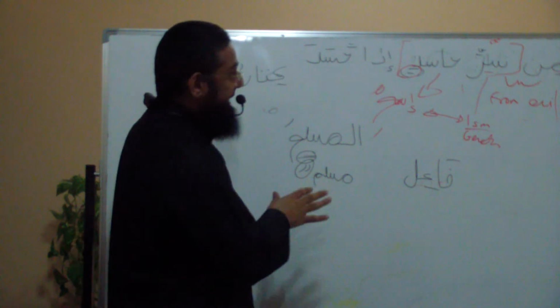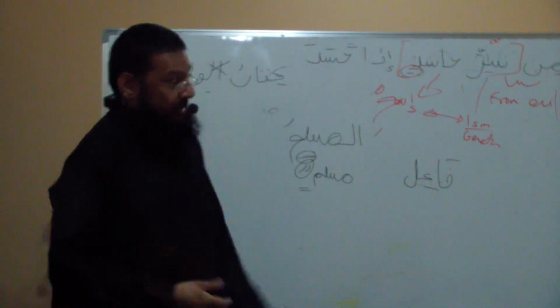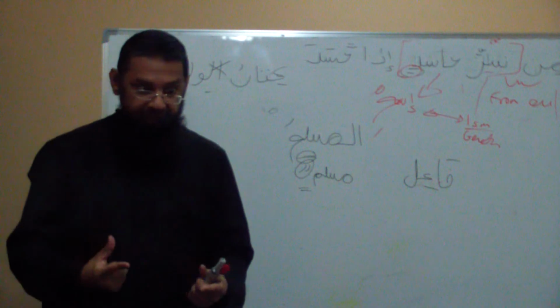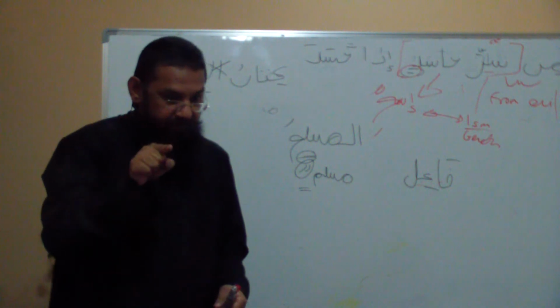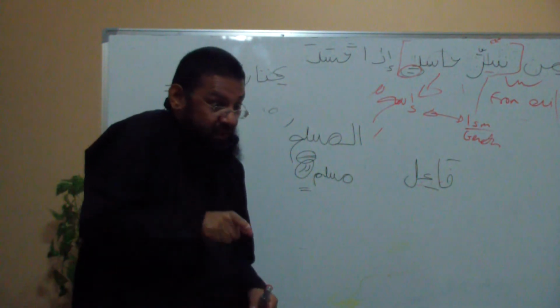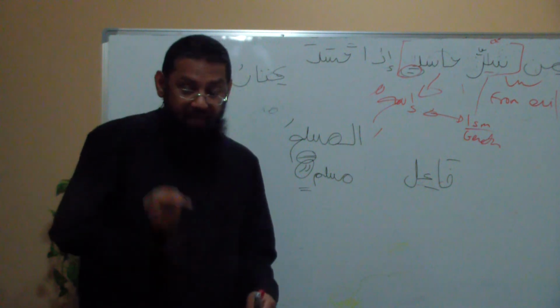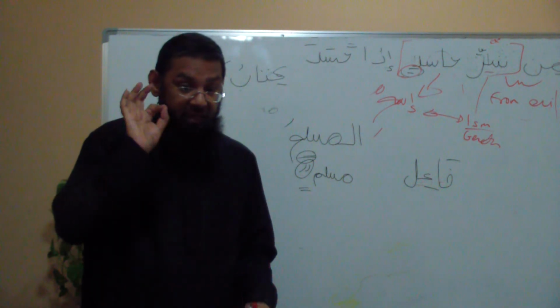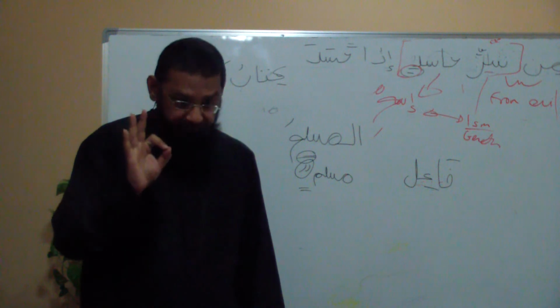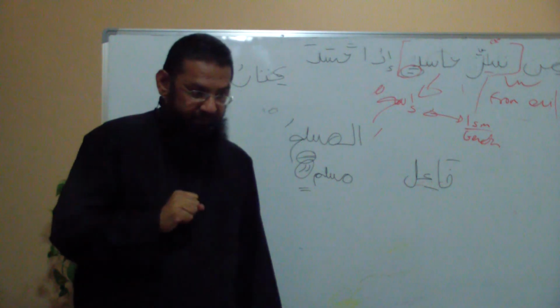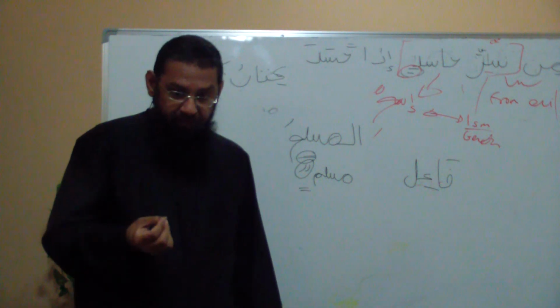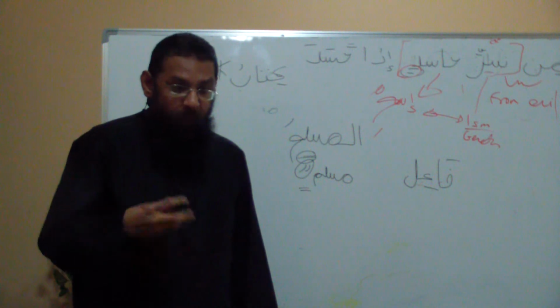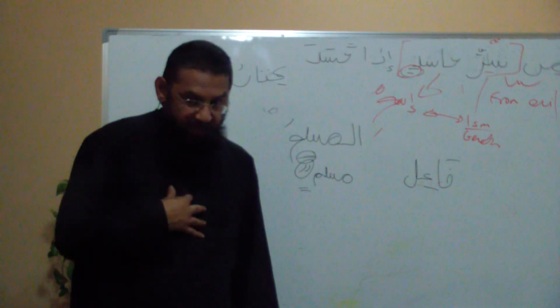So you're seeking refuge in Allah from the envier, the jealous person, when he becomes jealous or envious of you. And that's what's called in Islam the nazar, the evil eye. And we believe in that. Evil eye is a form of black magic that people have in their hearts.